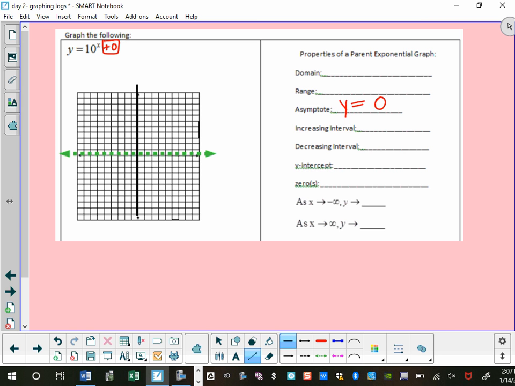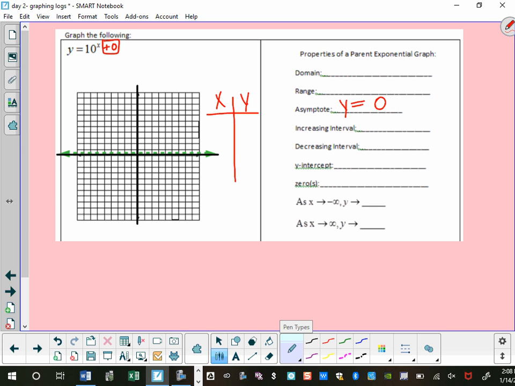Because we already know that my asymptote was 0, y equals 0. Alright, I want to get some points so I can draw it. So let's go to Desmos.